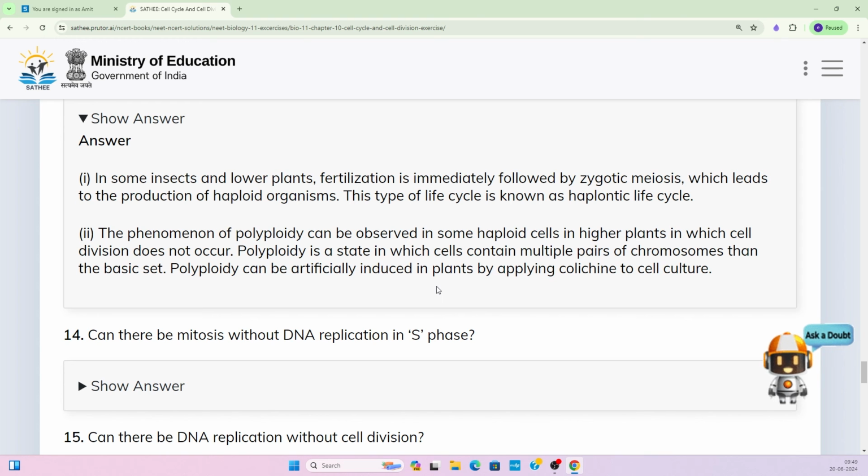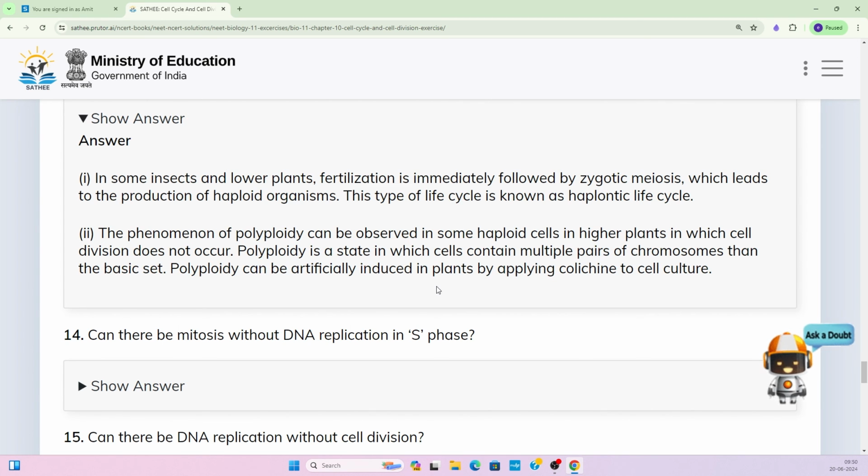Now, the phenomenon of polyploidy can be observed in some haploid cells in higher plants, in which cell division does not occur. Polyploidy is a state in which the cell contains multiple sets of chromosomes other than the basic set.